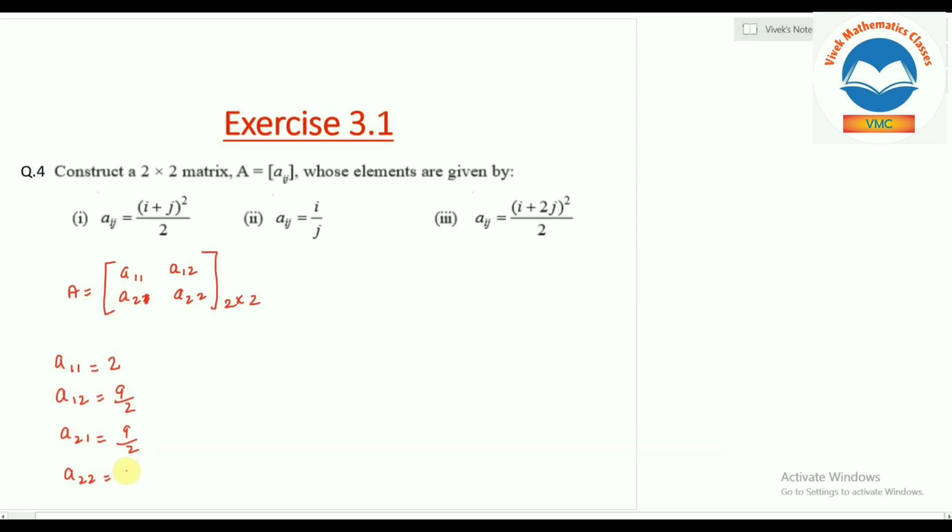So 2 plus 2 is 4, squared is 16, divided by 2 is 8. So our A matrix in the first case will be 2, 9 by 2, 9 by 2 and 8, a 2 cross 2 matrix. This will be our answer for the first part. Second part will go next.